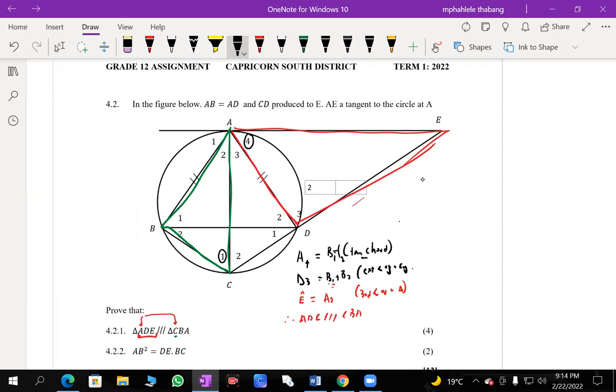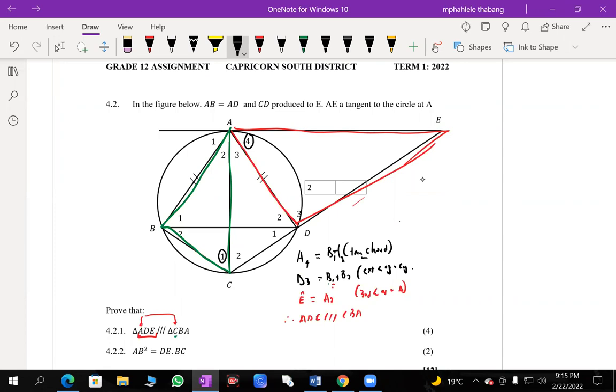Look for the sides that are opposite to these angles. Look for the side that is opposite to angle A4. Which side is opposite to angle A4 in triangle ADE? DE. Good.